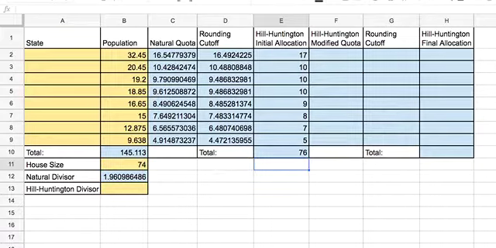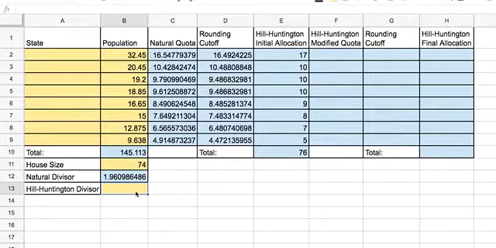We have 76 seats right now. We need 74 seats. So we've got to change our divisor. So here's where we have a divisor method. This is the guess and check part, or the logically thinking your way through things.